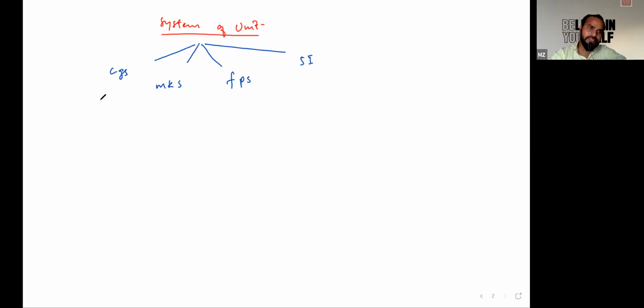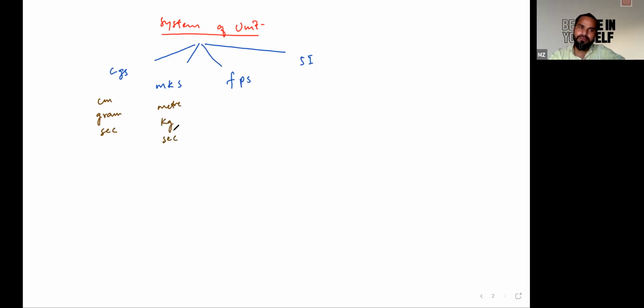In the CGS system of unit, C means centimeter, G means gram, and S means second. Means length is measured in centimeter, mass in gram, and time in second. Similarly, in the MKS system of unit, M represents meter, K represents kilogram, and S represents second.